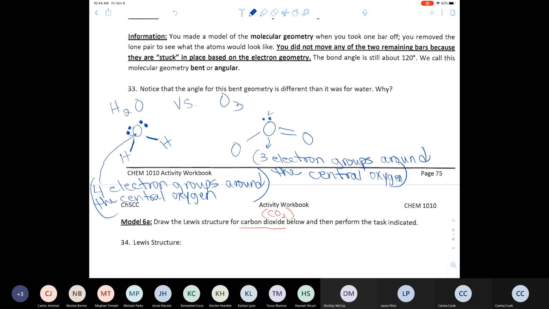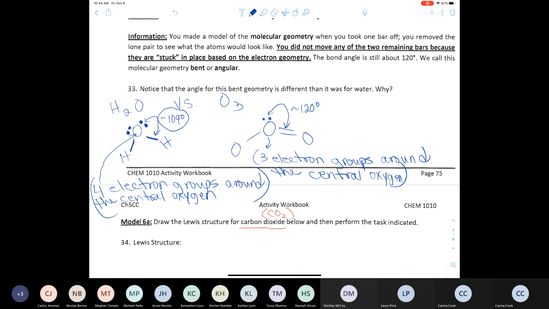So therefore, ozone's bond angle is about 120 degrees, whereas water's bond angle is much smaller, about 109.